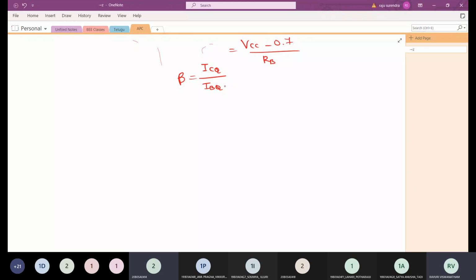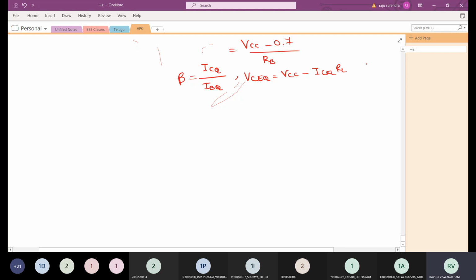Now VCEQ is equal to VCC minus, previously we have already calculated, ICQ RL.